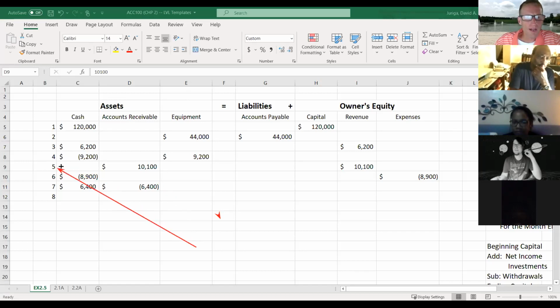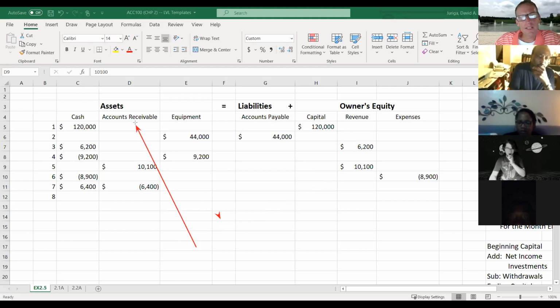If I look at number 5, you've got this accounts receivable at 10,100, which was generated by performing a service. Remember, the only reason we have this accounts receivable is convenience. It's not convenient to write a check every time you do business. Your business would not grow.